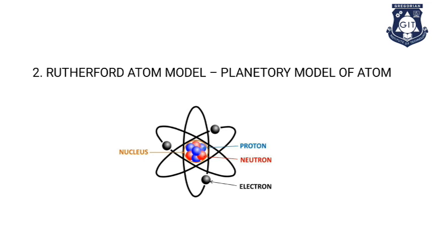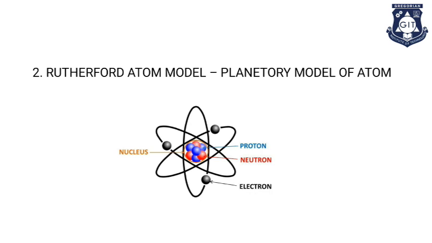Whereas the negatively charged subatomic particle, the electron, revolves around the nucleus in fixed circular path, similar to the planets revolving around the sun. These circular paths around the nucleus in which the electrons move with very high speed are termed as orbits.